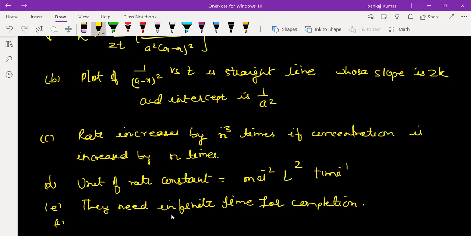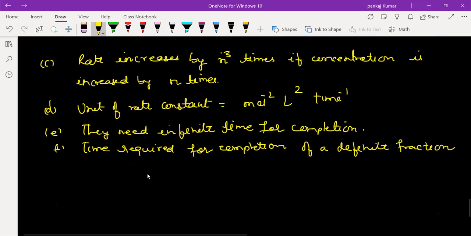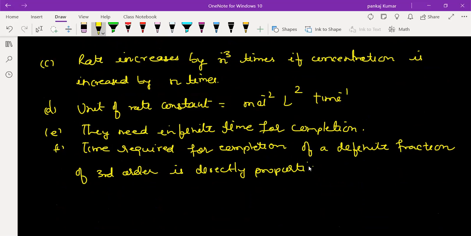Next point is the time required for completion of a definite fraction of third order is directly proportional to 1 by a square.